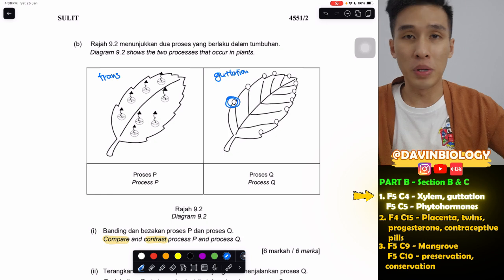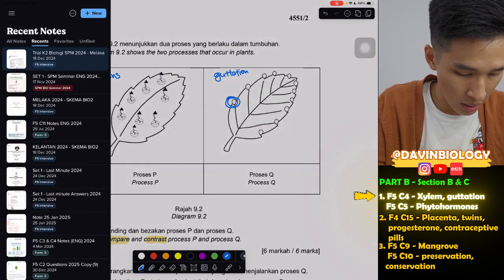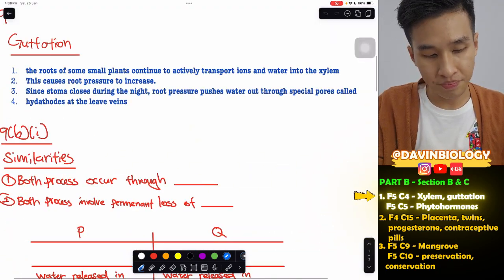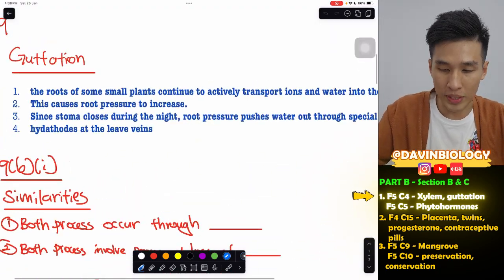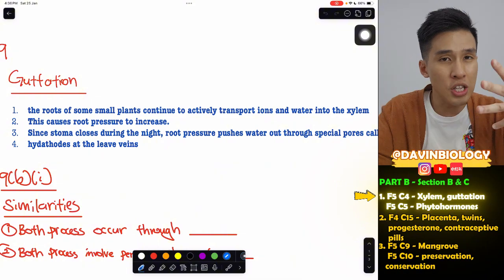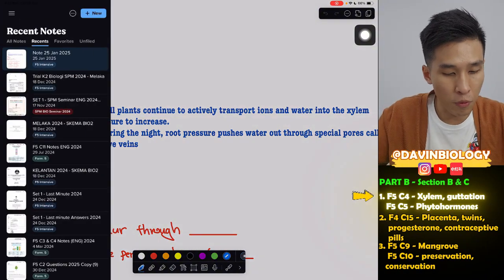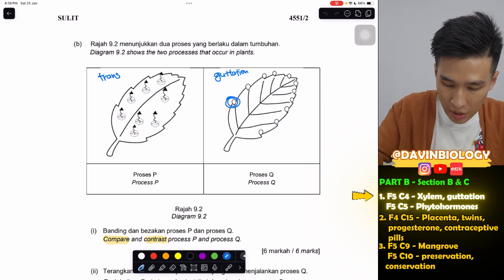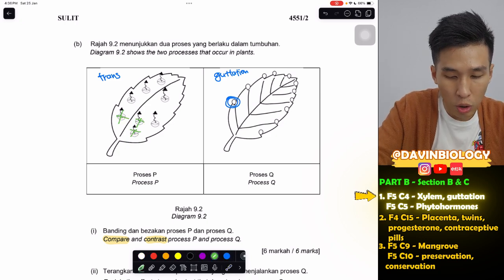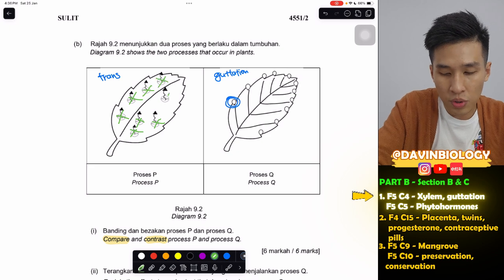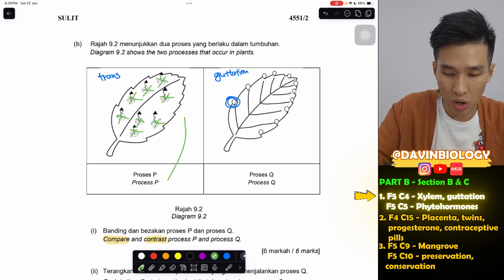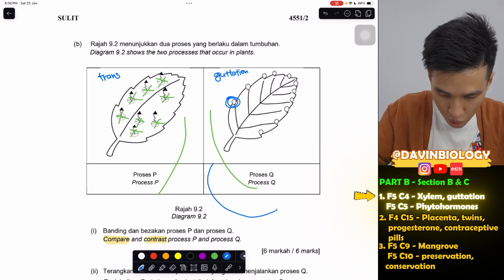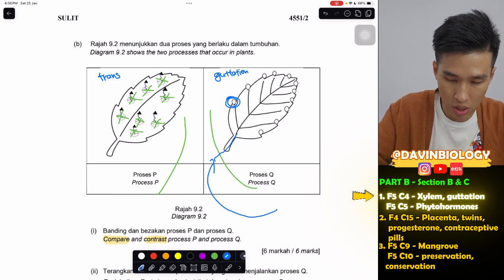For those who are not familiar with guttation, we mention a bit here. Guttation is whereby, during night time, the stomata are closed, so all the holes are closed. However, during night time in plants, water is still absorbed from the roots, which pushes it all the way up to the leaf.